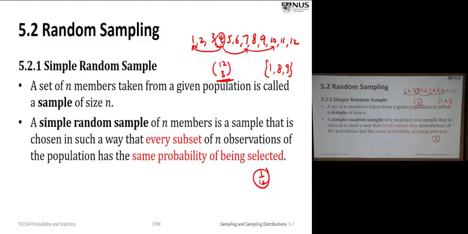Sorry, I want a sample of size 3. So sorry, let me repeat it again. So if I have 4, I will take every 4th. So I will take 4 and then 8. And the next one, skip the first one, second one, third one, and take the 4th one. So 12. So this is my sample of size 3.